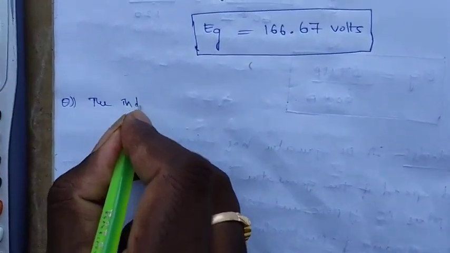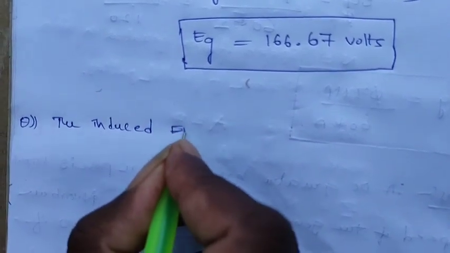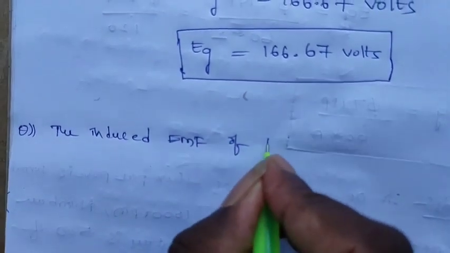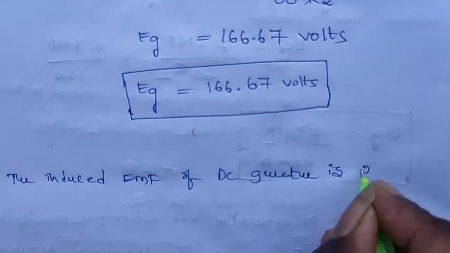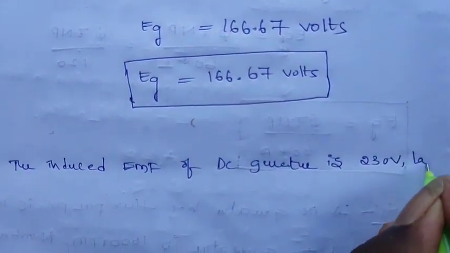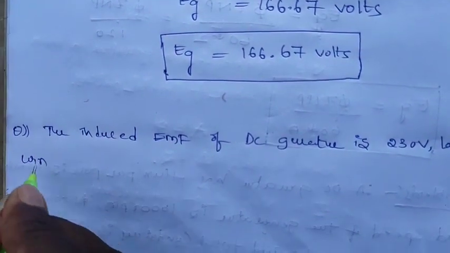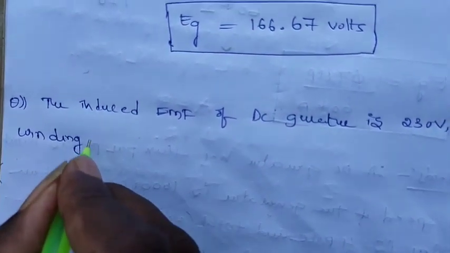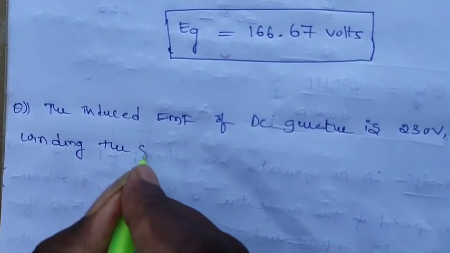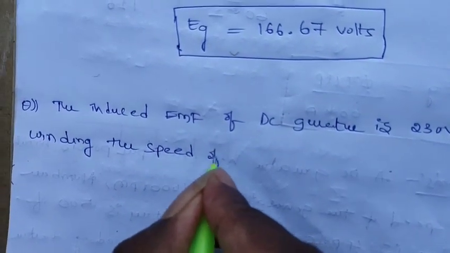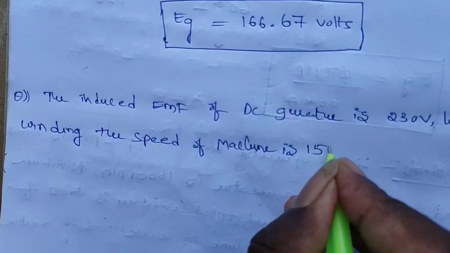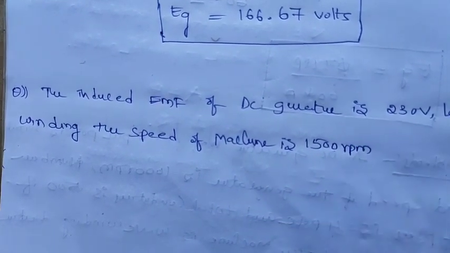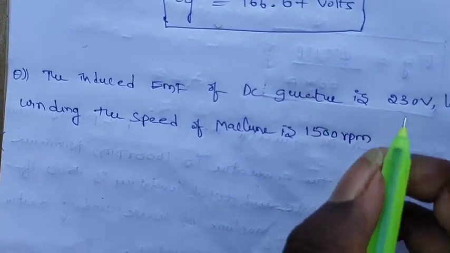The induced EMF of a DC generator is 230 volts, with lap winding. The speed of the machine is 1500 rpm.